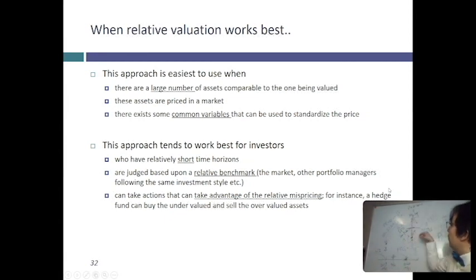I said before, relatively overvalued and undervalued ones, okay? In the same industry, well, buy low, sell high. This time, short sell high. We call it pairs trading, which means we make a pair of overvalued and undervalued stocks.